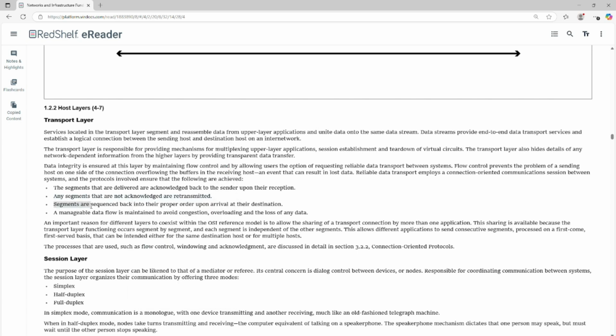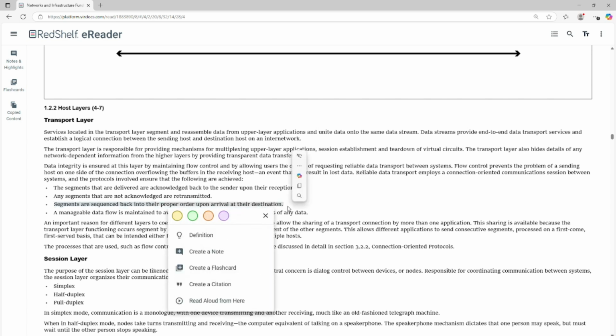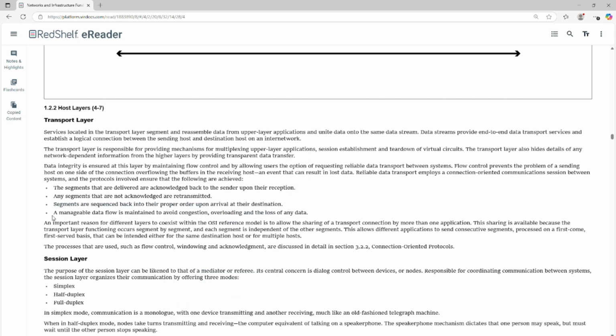Also, segments are sequenced back into their proper order upon arrival at their destination, so it rearranges the packets and ensures that they are aligned before it delivers them. And the last, it provides a manageable data flow, which is maintained to avoid congestion, overloading, and loss of any data.